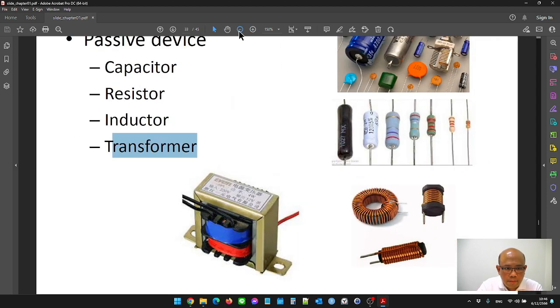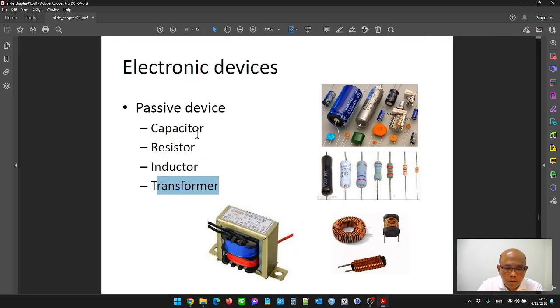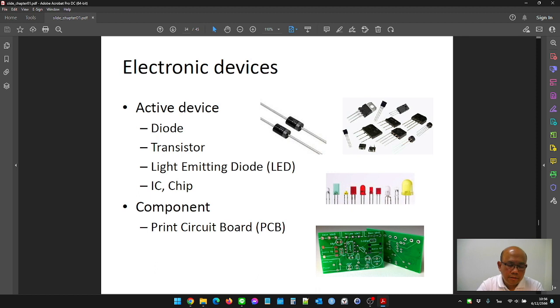Here, these are the 4 groups of passive devices. Now, in the next slide we talk about active devices. Active devices are made from silicon chips. Inside there is P-type and N-type. Can you remember P-type and N-type?